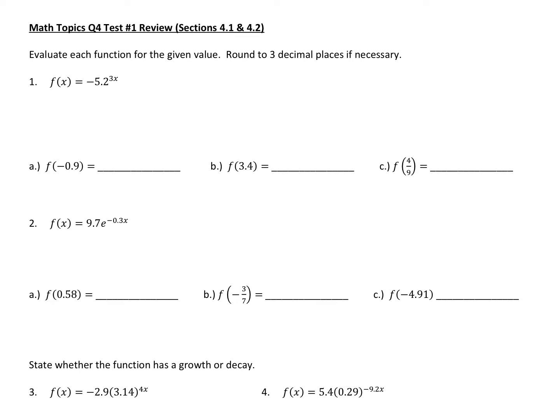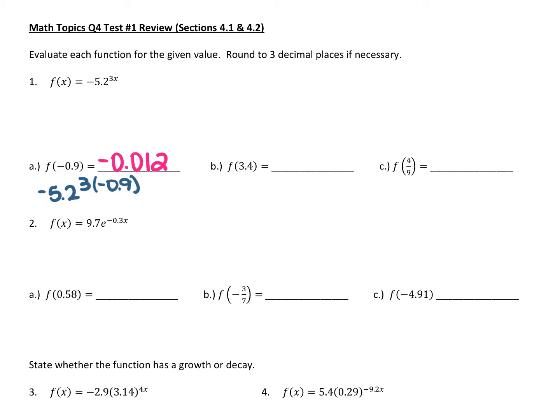If we round to 3 decimal places, we are going to have negative 0.012. What I expect tomorrow for your test is that you're actually giving me negative 5.2 to the power of 3 times negative 0.9.